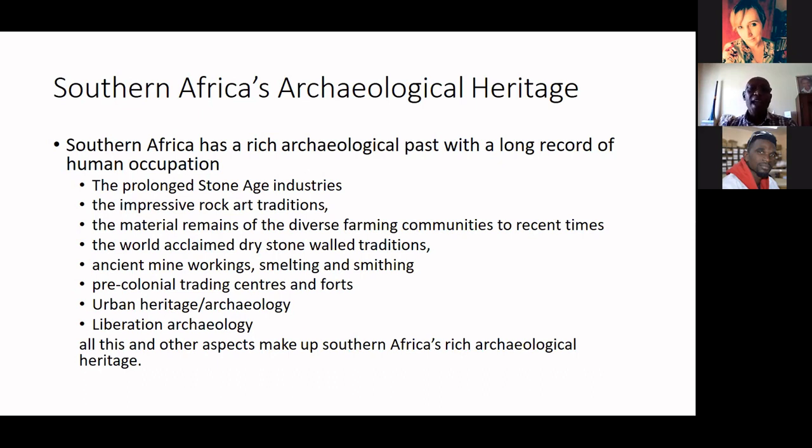If one is to look at the rich archaeological past with the long record of human occupation, one can look at the paleontological record, the prolonged Stone Age industries, the impressive rock art traditions, which one could call images of imagination and innovation, the material remains of diverse farming communities to the recent past, the dry stone walling that we find throughout Southern Africa, and ancient mine workings, smelting and smithing.